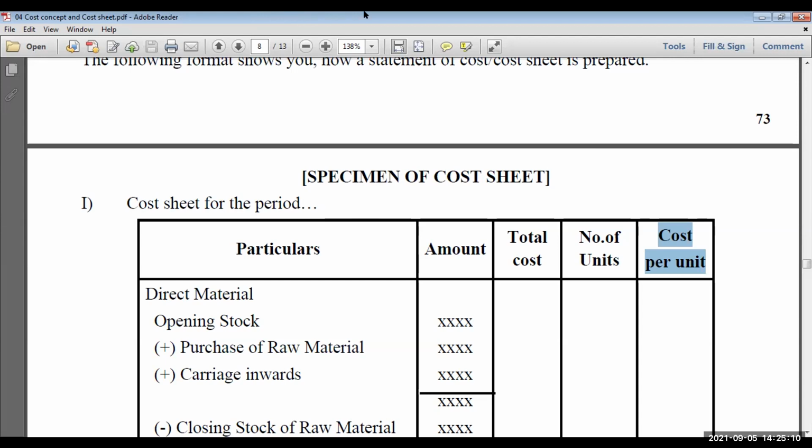It's coming out of 3-4 processes. At that time you cannot have a cost sheet like this. You have to go for process costing. So we have a lot of techniques to arrive at the cost of a product based on the nature of the industry.